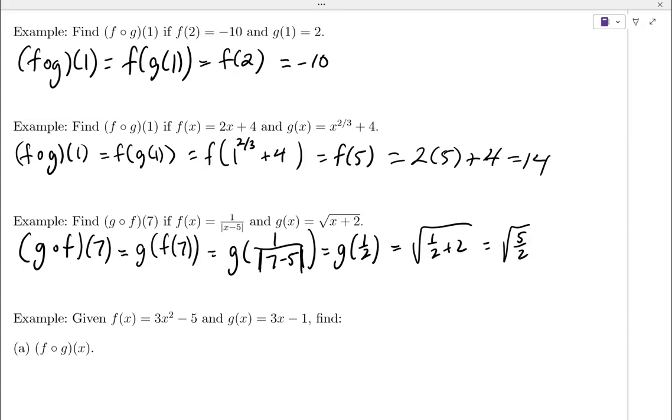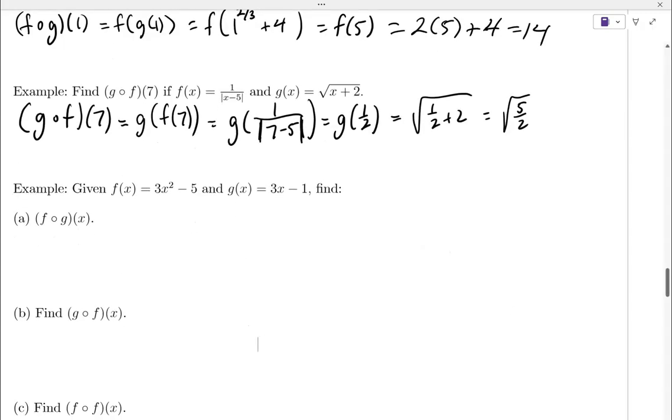So in the first two examples, we plugged in specific numbers. In the next example, it just says leave them as x's. So again, your definition of F composed with G of x is F of G of x, right? We agree with that?